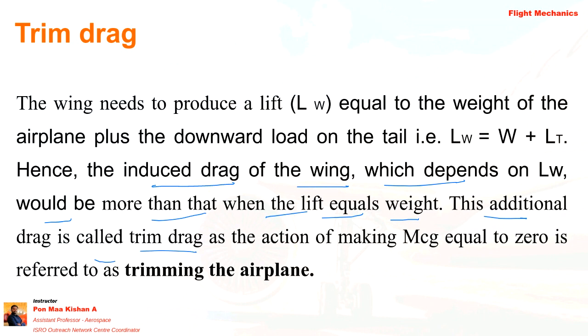When we are lifting up, the induced drag is increasing, right? So the additional induced drag is called trim drag. The action of making M_CG equal to 0 is referred to as trimming the airplane. So when we are coming back to the original position, that is called trimming the airplane.